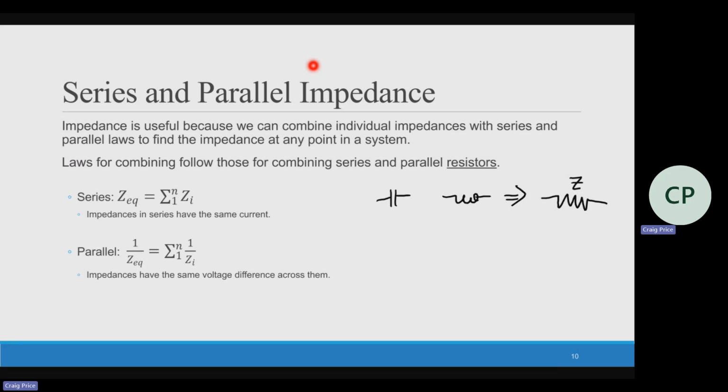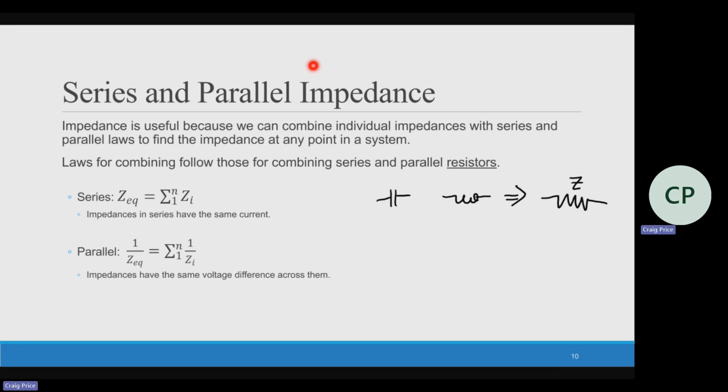Some other checks that are helpful: impedances in series all have the same current. So if I've got a line with a couple different elements, they all have the same current. And if they're in parallel, wherever it splits, the two branches should have the same voltage difference across that total impedance.